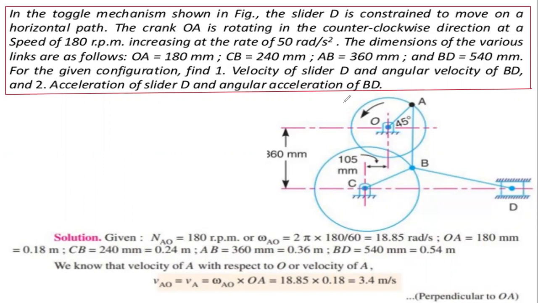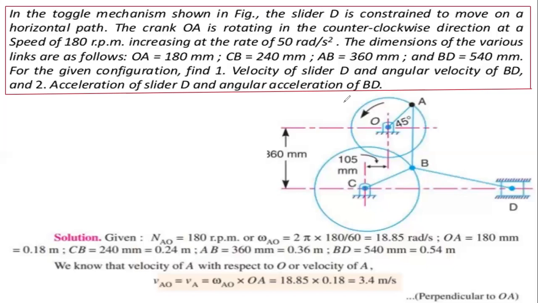For the given configuration, find, one, the velocity of the slider D and angular velocity of BD, and second, the acceleration of the slider D and the angular acceleration of BD. So in total, we need to find the velocity and acceleration.